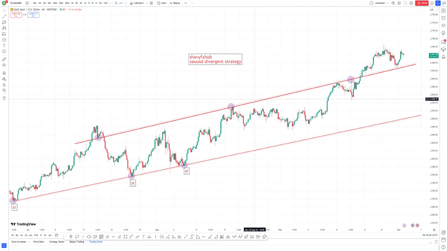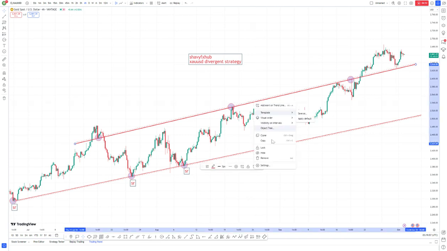So when you see the emotion of buying, you will see there is a breakout from a resistance psychological level. If you see the emotion of selling, there is a breakout from a psychological support level.